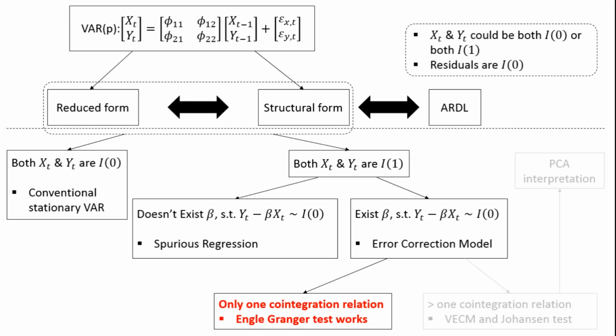In the case in which we have our two variables integrated of order 1, in a situation in which our two variables are not co-integrated, we have a problem of spurious regression, and in the situation of cointegration, we need to estimate an error correction model. And in the case we have only one cointegration relation, the Engle and Granger test works.